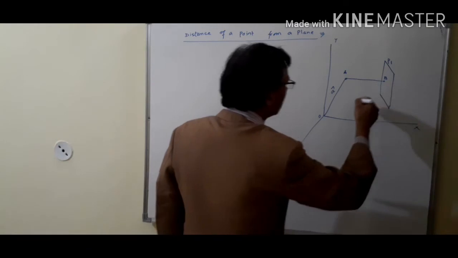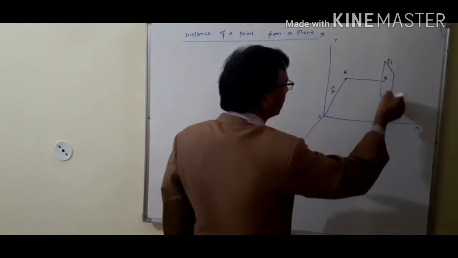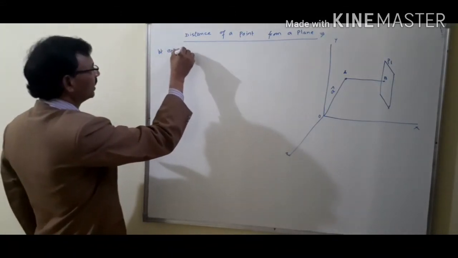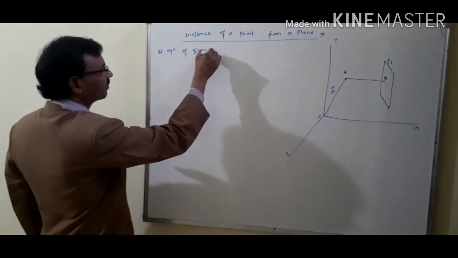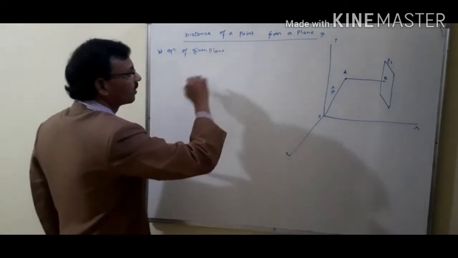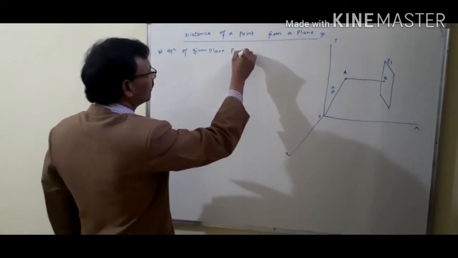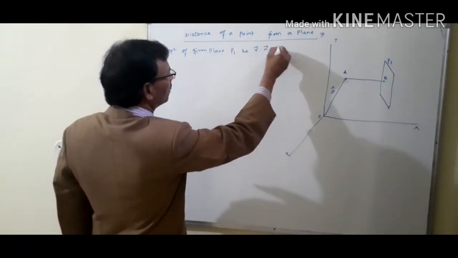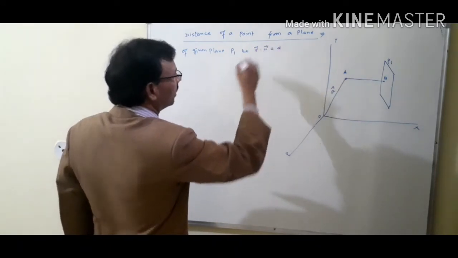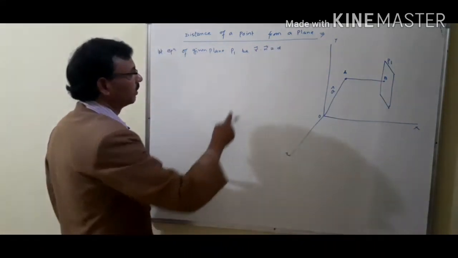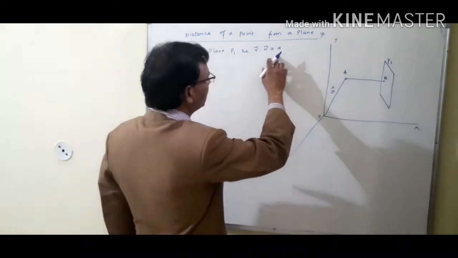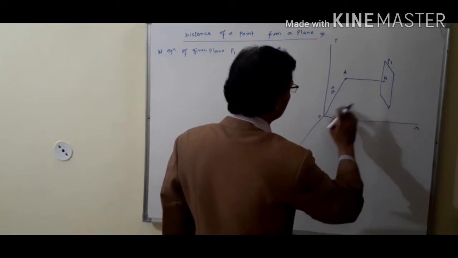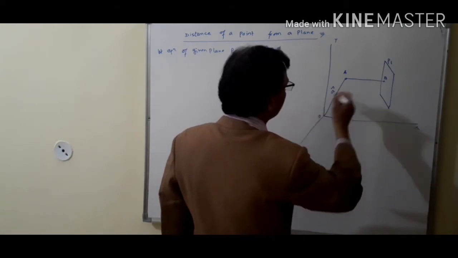Let the equation of the given plane P1 be R dot N equal to D, where D is the perpendicular distance of this plane from the origin.